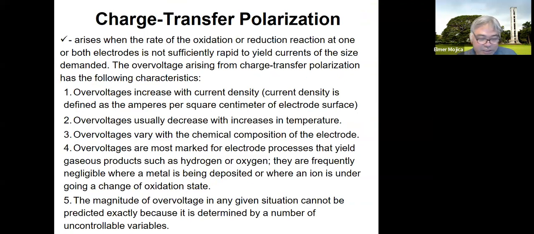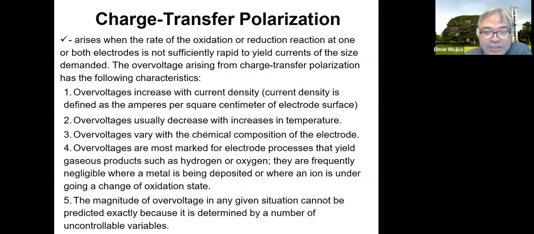So if we go to this charge transfer polarization, this arises when you have the redox reaction at one or both electrodes that is not sufficiently rapid to yield currents of the size that is demanded. And usually it arises with the following characteristics.